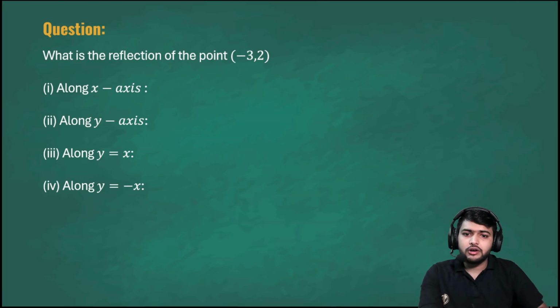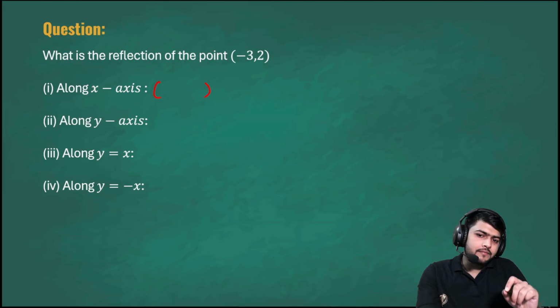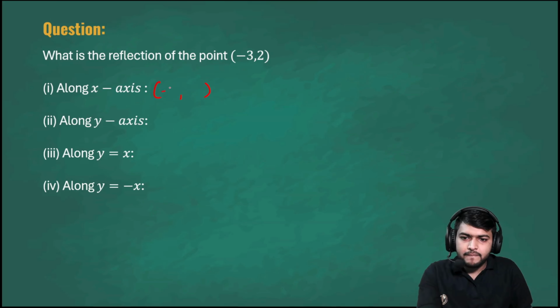I hope you have done so. Now let's solve it together. This is the point given and it is reflected along x-axis. Along x-axis, you simply change the sign of y coordinate. So -3, -2. 2 becomes -2. If you are reflecting along y-axis, you simply change the sign of x. So -3 will become +3.